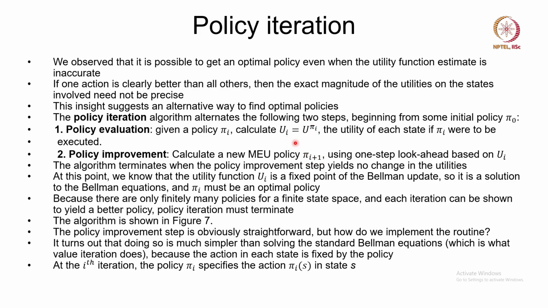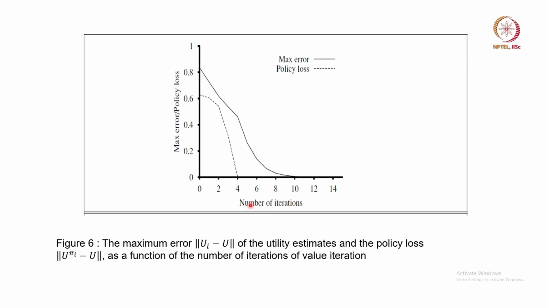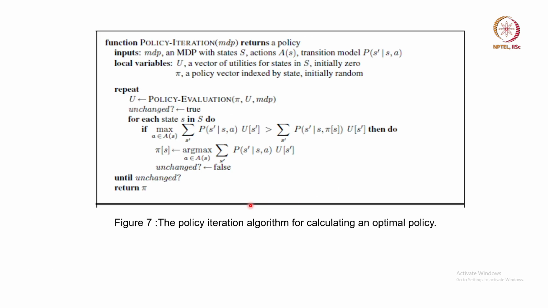Okay. So you will be able to see when you do this that it's very much similar to updating the Bellman equations basically. So you find the algorithm given here. You're updating the policy basically here. Okay.